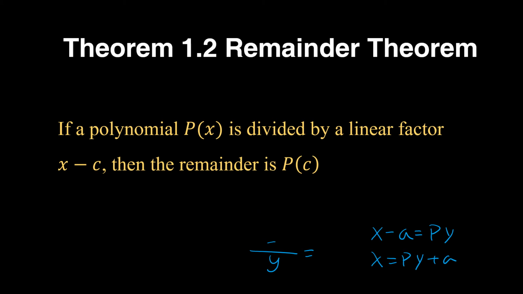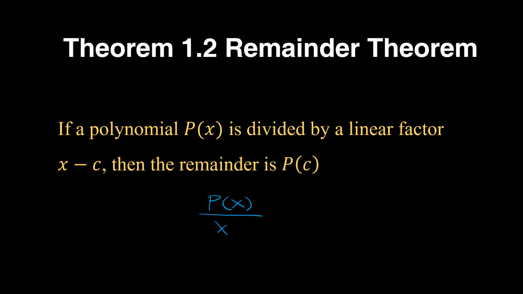And how does that apply to this? We know a polynomial P(x) divided by x minus c will become another polynomial, let's say k(x), and the remainder is P(c). What does it mean?